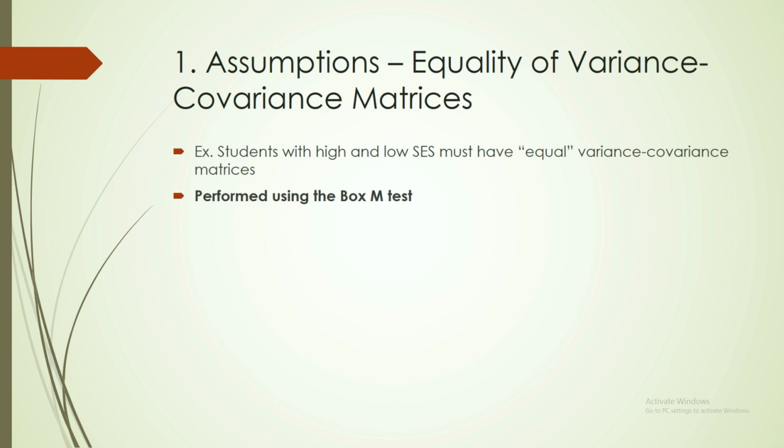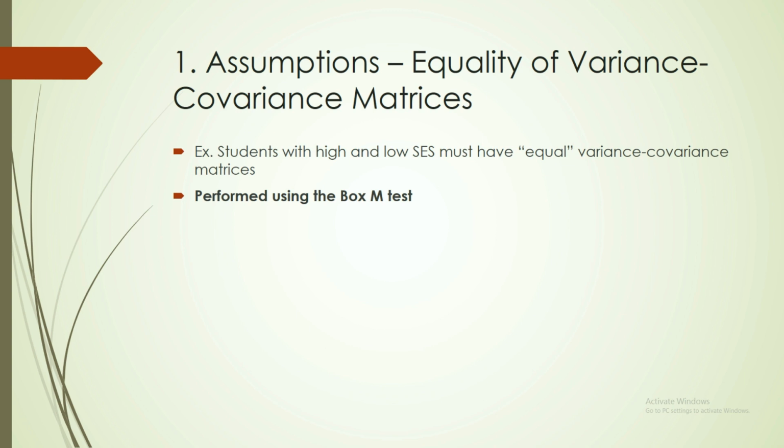In this case, the students from the higher socioeconomic status group and the lower socioeconomic status group must have equal variance-covariance matrices in order for us to proceed with the multivariate analysis.